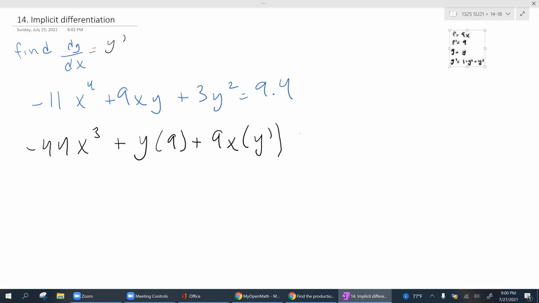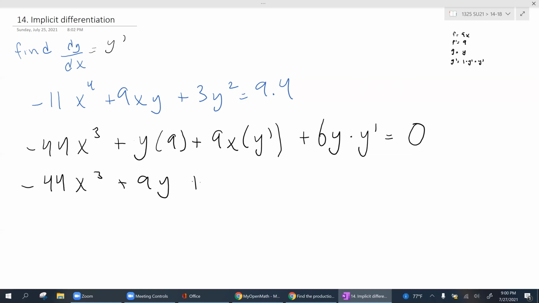Moving across, this is plus 6y times y prime is equal to the derivative of 9.4, which is 0. So I'm going to polish some things up here. So this is minus 44x cubed plus 9y plus 9xy prime plus 6y y prime.